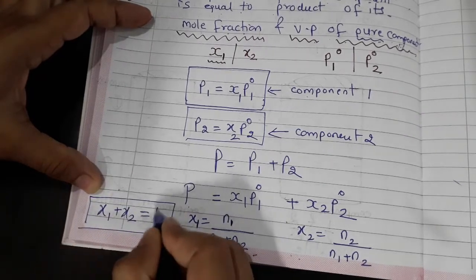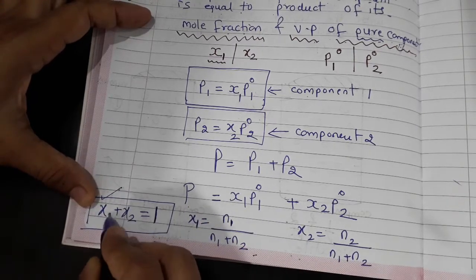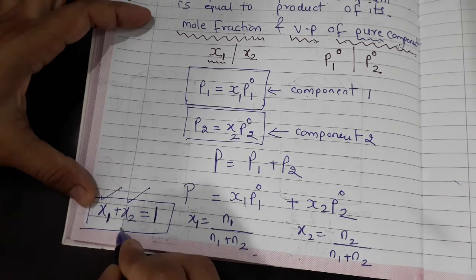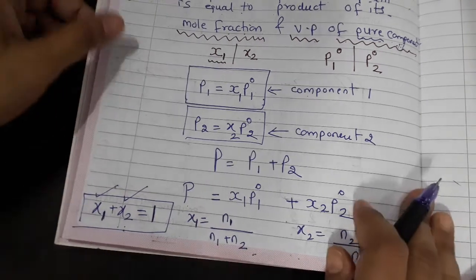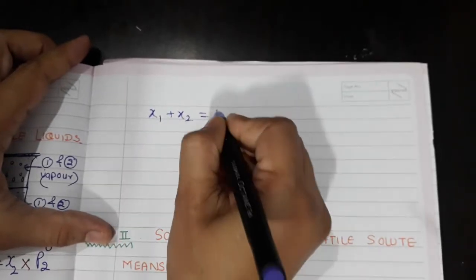Okay, out of 1 mole, x1 is the mole fraction of component 1 and x2 is the mole fraction of component 2. So I now write over here that x1 plus x2 is equal to 1.